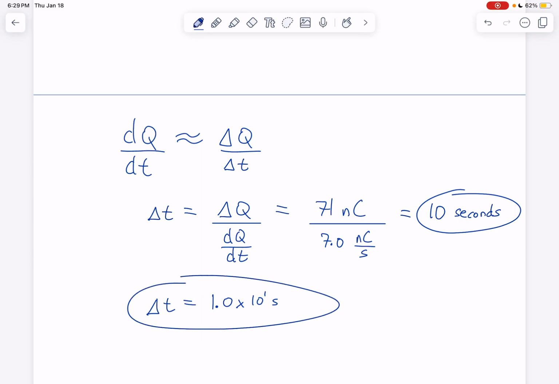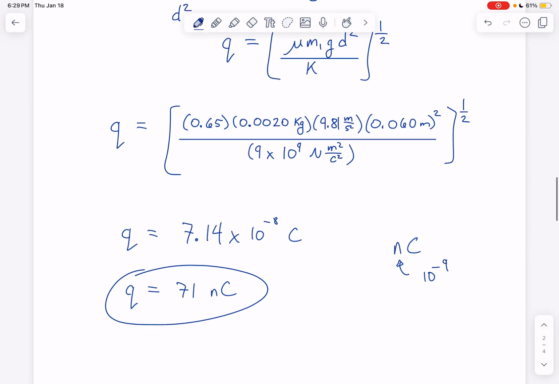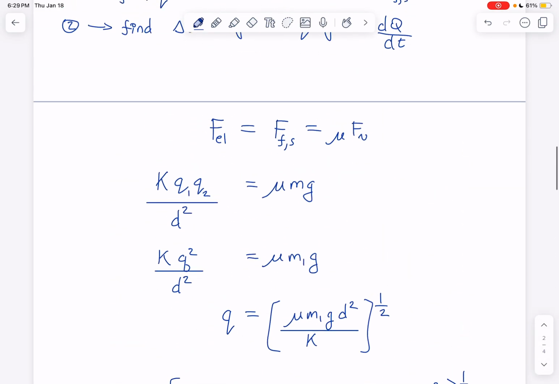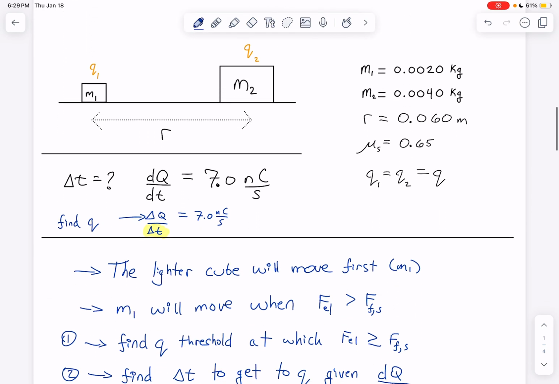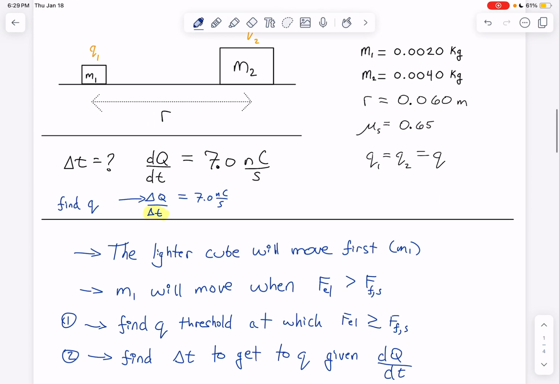That's unambiguous. 10 would be ambiguous. We wouldn't be sure if it was 1 or 2. So there's our answer. It takes 10 seconds to reach this charge, and when we get to this charge, 71 nanocoulombs, M1 will move because the electric force will be larger than that force of friction.